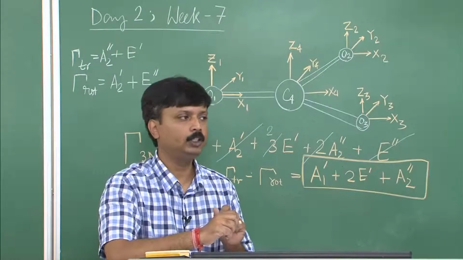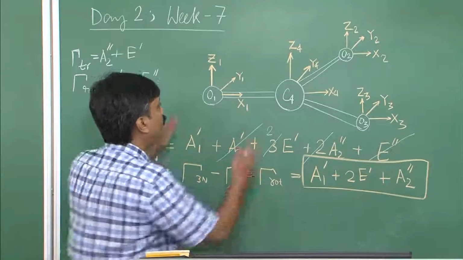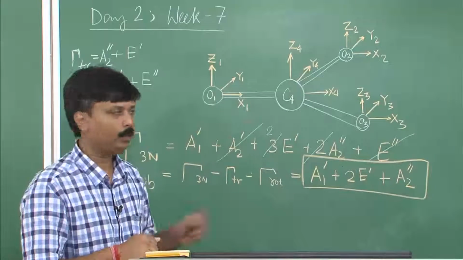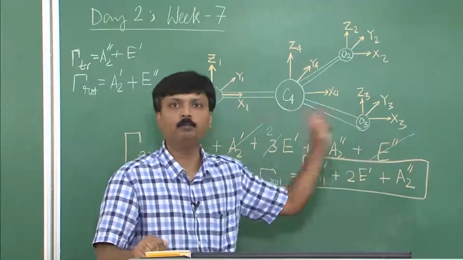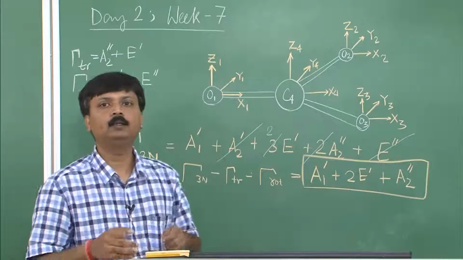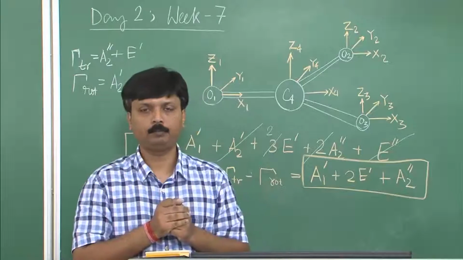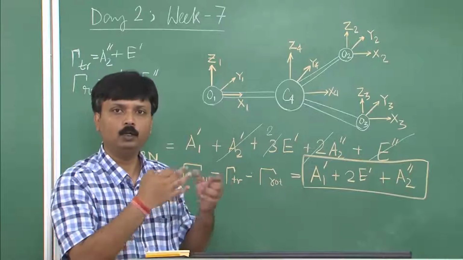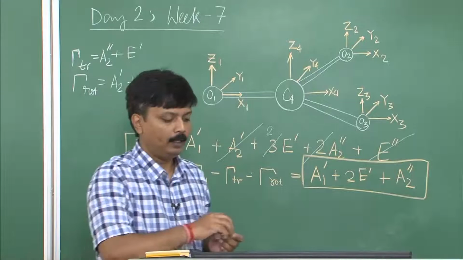I can think of a structure where all these atoms are stretched in equal amount in the same direction as their bonds. That means it's a symmetric stretching. So I can accordingly draw the normal mode of that.